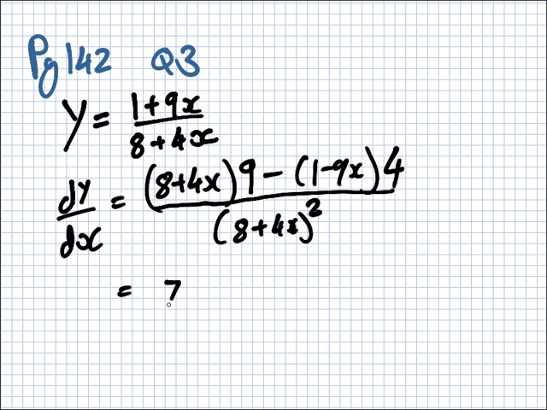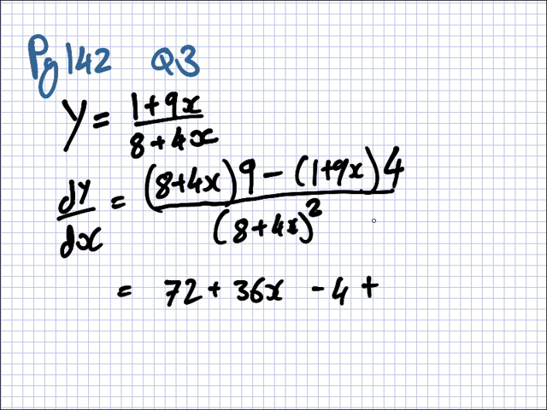So that is 72 plus 36x minus 4, plus, is that right? Oh, yes. Maybe I made a mistake here. The bottom squared, bottom times derivative of the top plus the top times derivative of the bottom.